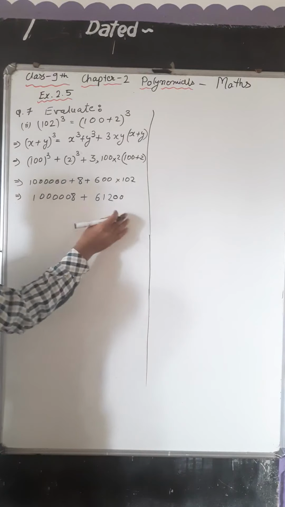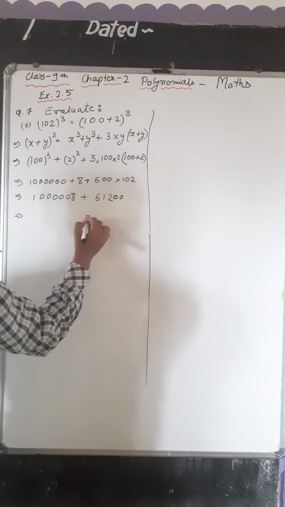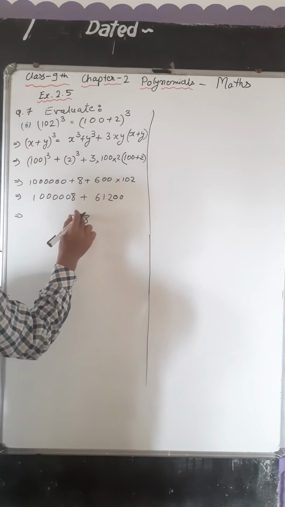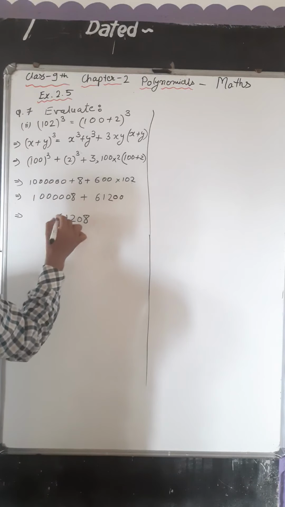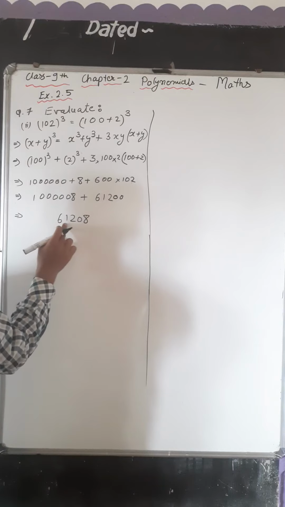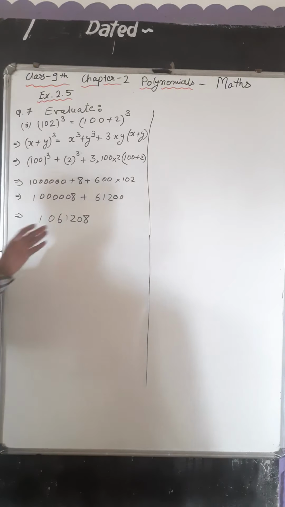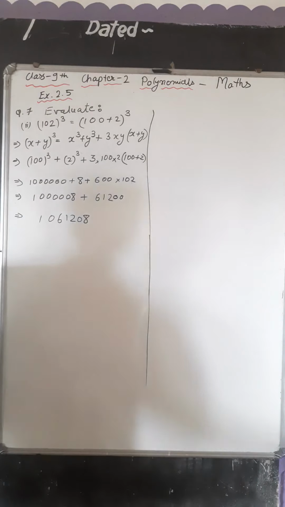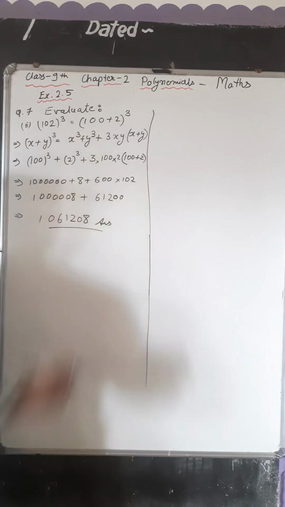Now add these: you will get 8 plus 0 is 8, 0 plus 0, then 0 plus 2, 1 plus 6, and then 0. So this is the answer of this. Easily we have found the cube of 102.